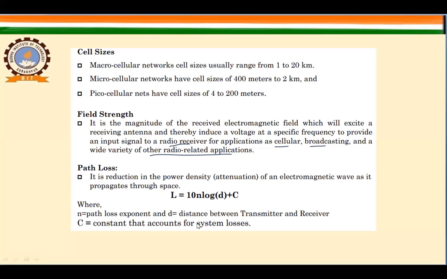It is given by L and calculated in dB. Taking the logarithm, it is L = 10 n log d plus c, where n is the path loss exponent, d is the separation distance between the transmitter and receiver, and c is the constant that accounts for the system losses.